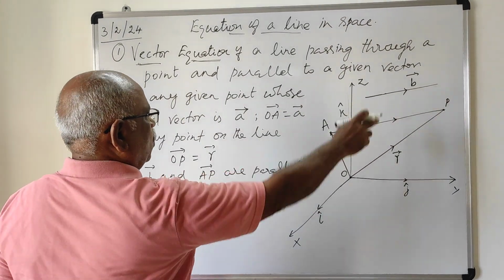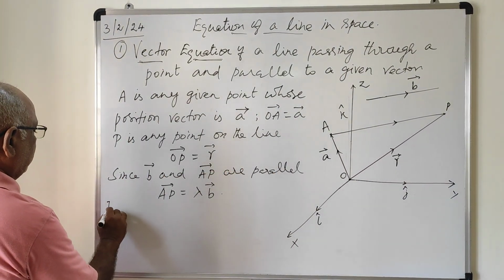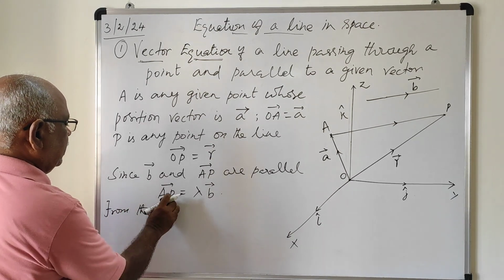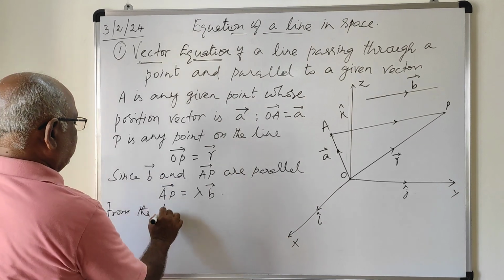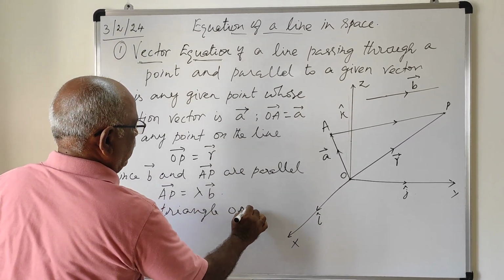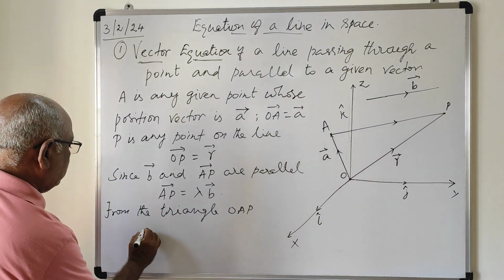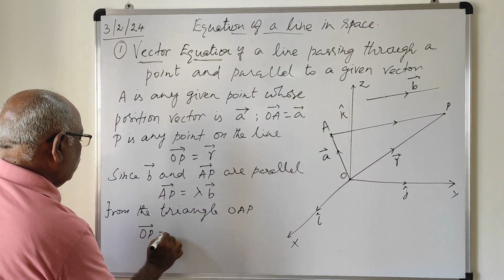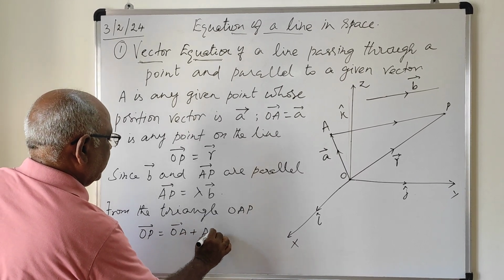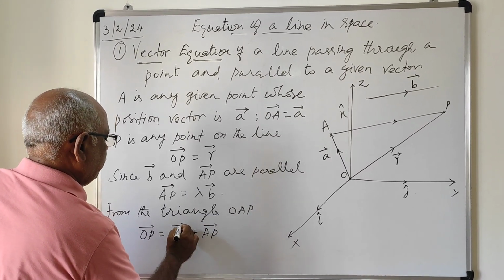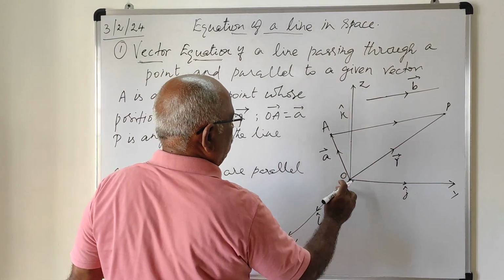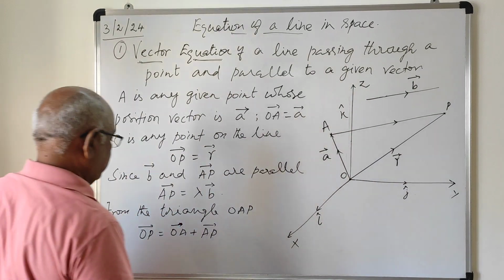So from triangle OAP, by the triangle law, OP vector equals OA vector plus AP vector.